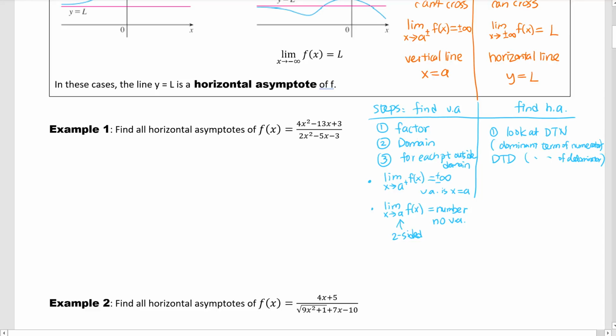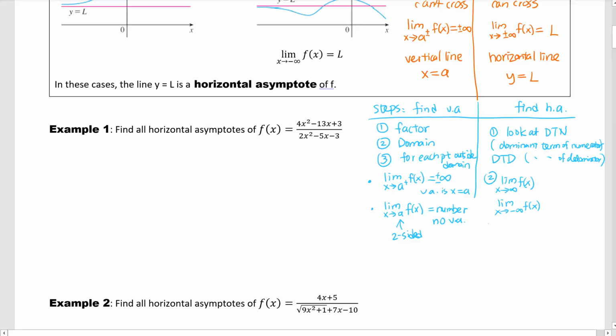Second step, we want to compute the limit as x goes to infinity of f of x, and we also want to compute the limit as x goes to minus infinity of f of x.